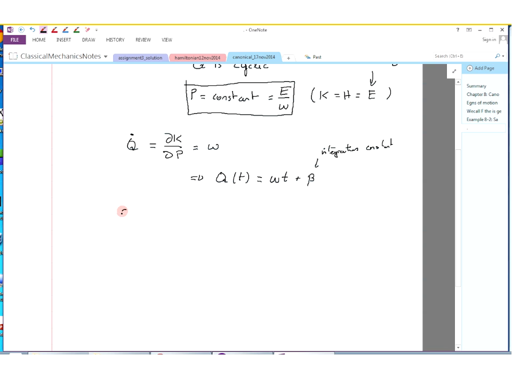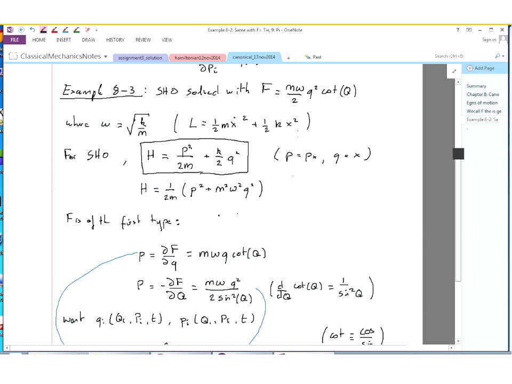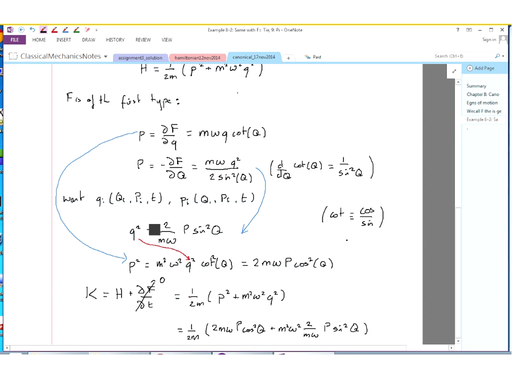So we can transform this back into the original variables. So little q of t is given by the square root of 2 capital P over m omega times the sine of capital Q. That was this equation right here, right?